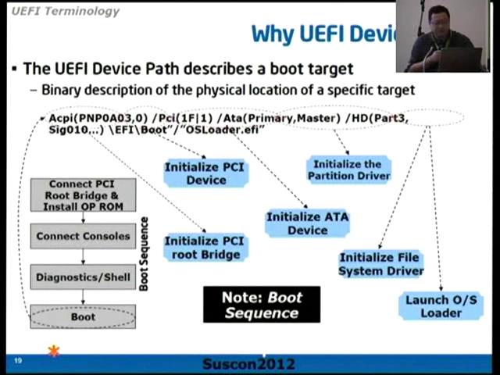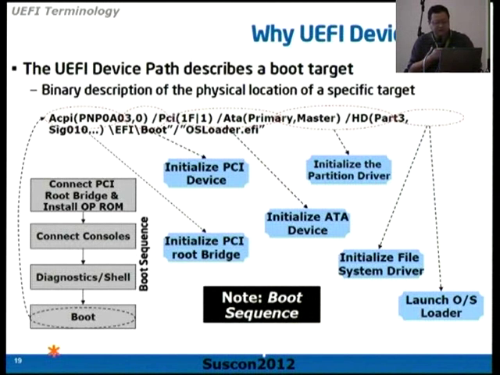Typically for SUSE, this would be ELILO or grub2, depending on which version of SUSE you're installing or executing off of. This data structure would be stored in the NVRAM boot option for the particular NVRAM entry in a system once it's installed. And so this data structure would tell me exactly where grub2 or ELILO is on the hard drive.